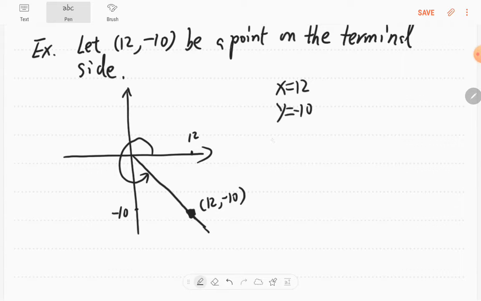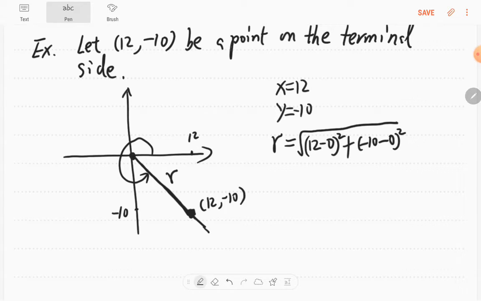We need to calculate r. R is the distance between the origin and this point. So r equals the square root of 12 minus 0 squared plus negative 10 minus 0 squared, which equals 2 times square root 61.